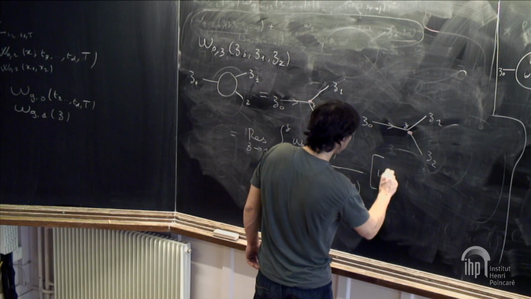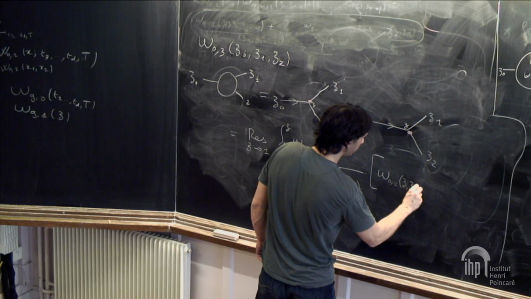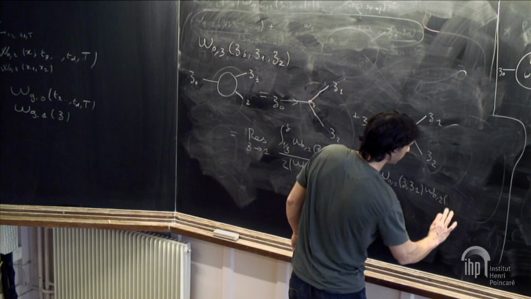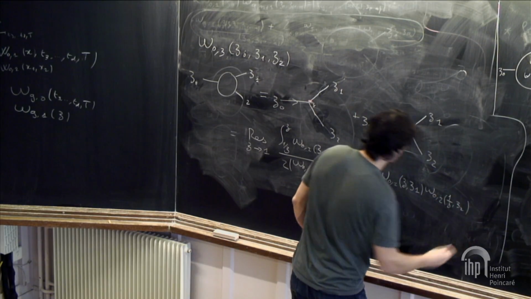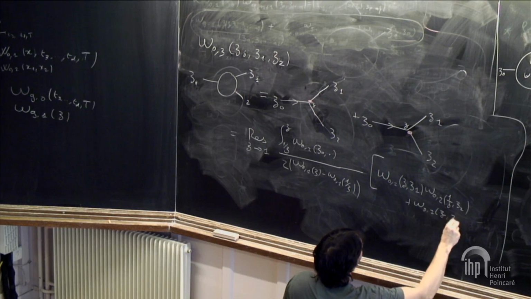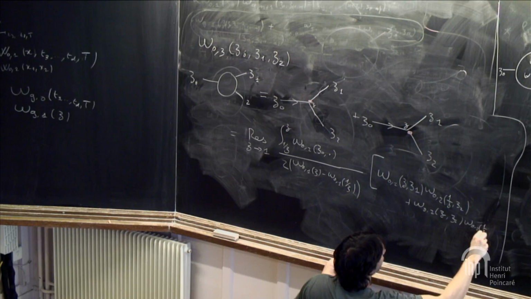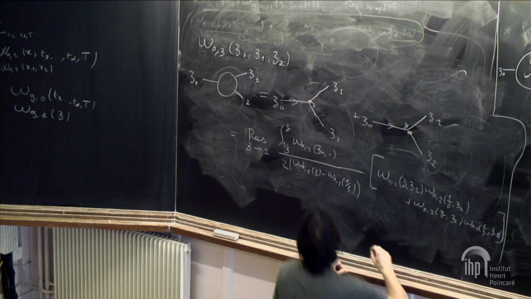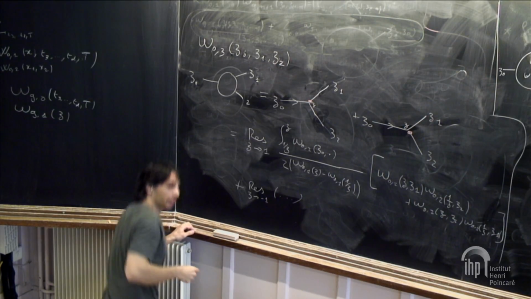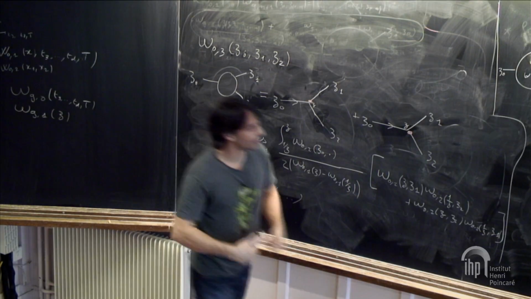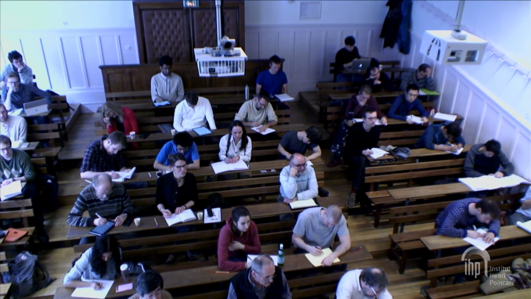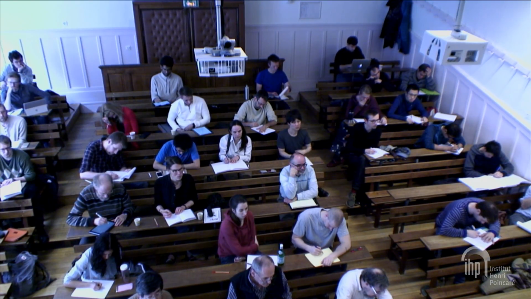And here I just have 2 terms: omega 0,2 of Z1, which is the first one, omega 0,2 corresponding to this edge, omega 0,2 of 1 over Z2, plus the contribution coming from there, omega 0,2 of Z2, omega 0,2 of 1 over Z1, plus the residue when Z goes to -1 of the same thing.